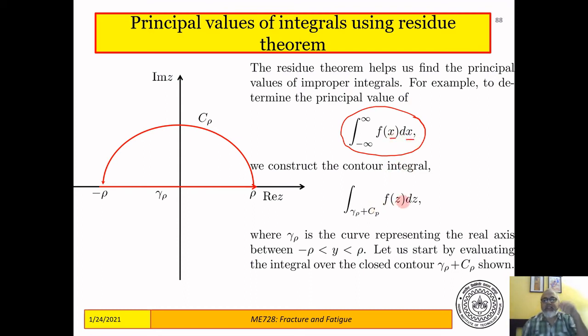So I convert this into a contour integral over this domain that goes from minus rho to rho over 0. It comes back here. So I construct this imaginary domain, gamma plus Cp, and in place of f(x), I calculate f(z) dz. And now I make rho go to infinity.